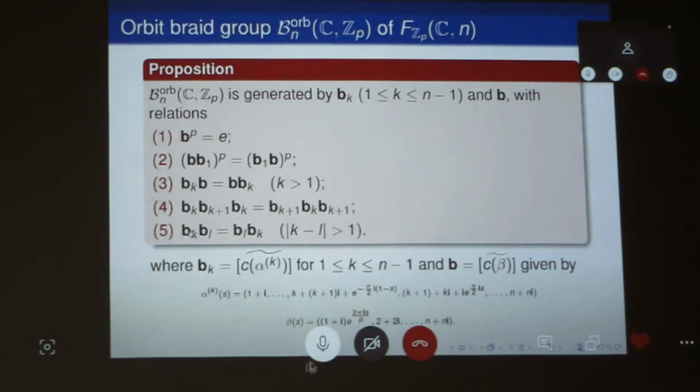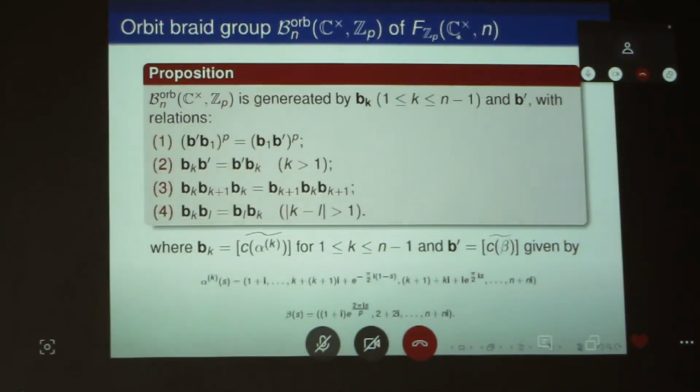It just gets these two relations, the same as the ordinary case. We can also give the generators by paths. Here, just a free action case. We also get these results.